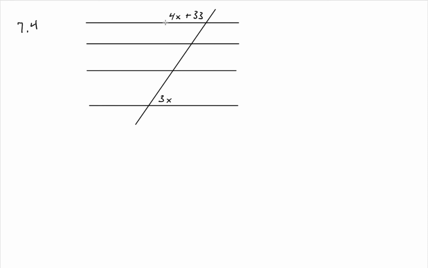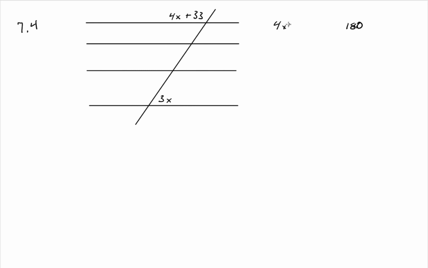So what do we know about a straight line or a straight angle? What is the degree measure of a straight angle? It's 180, right? Again with the 180. So if this angle is congruent to this angle, then these two angles added together are going to give us 180.